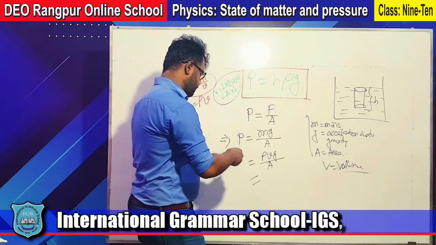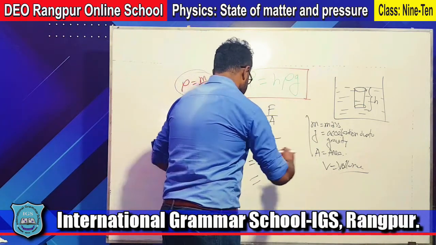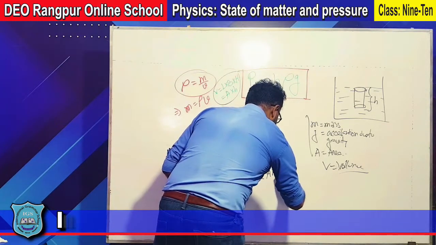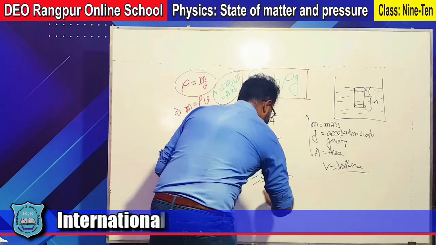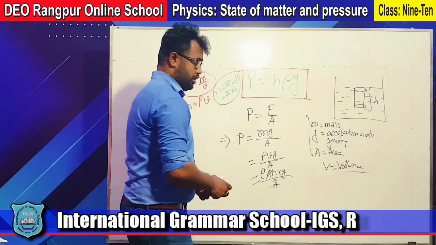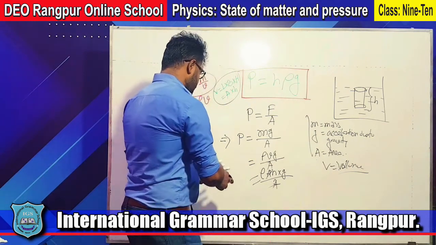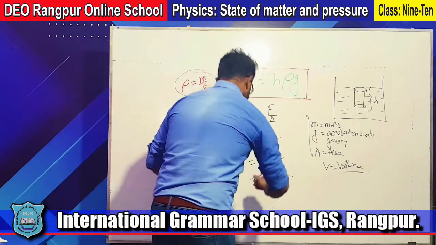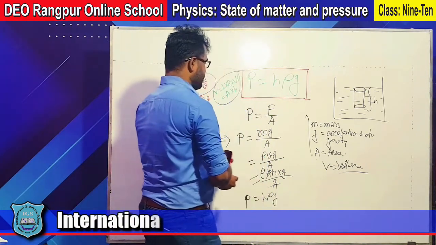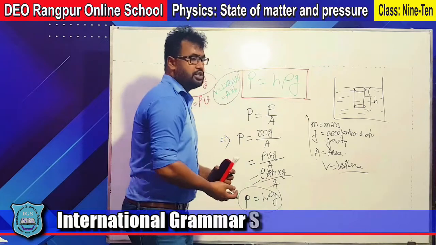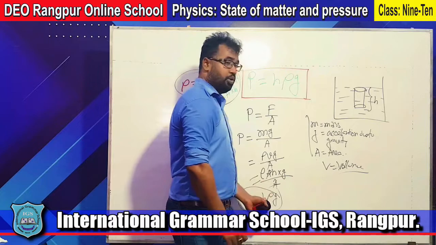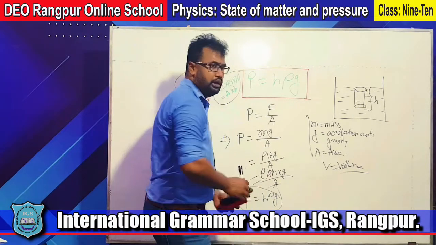So we are putting the value here: area into height into rho into g divided by A. Cancelling A and A, we can easily write that P equals H rho G.